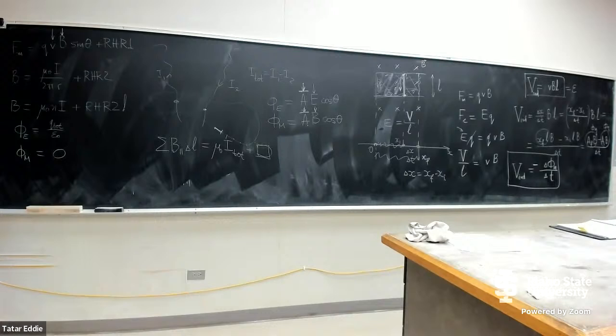The wire may be stationary, the magnetic field could be in motion. Okay, now this equation is the fourth Maxwell equation. It is called Faraday's law.